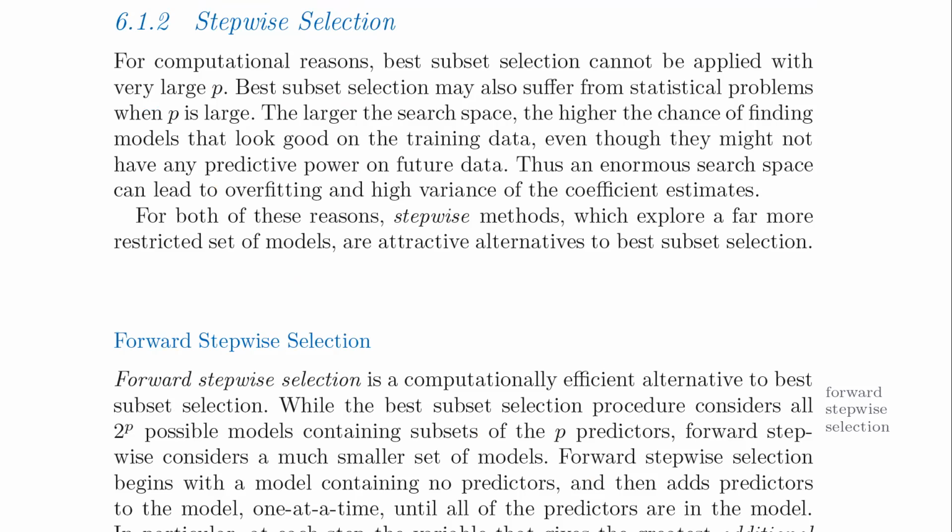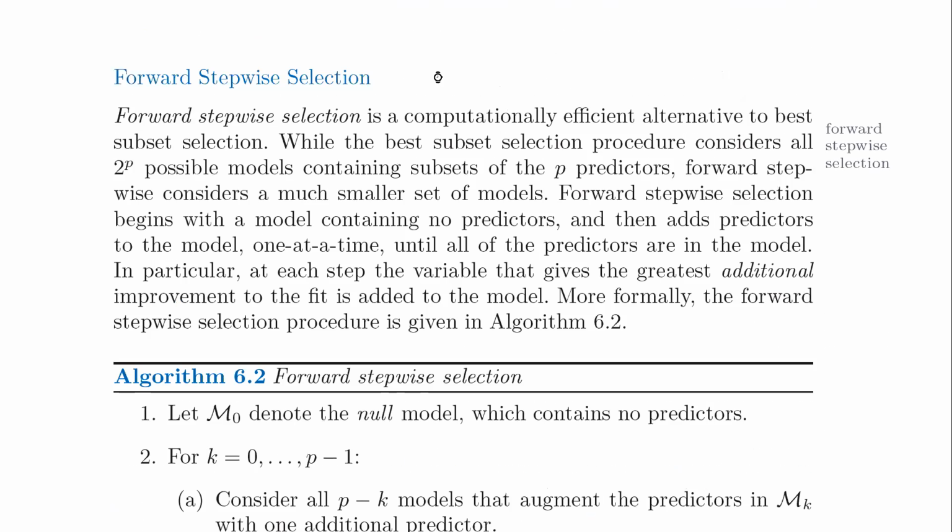Thus, an enormous search space can lead to overfitting and high variance of the coefficient estimates. For both of these reasons, stepwise methods, which explore a far more restricted set of models, are attractive alternatives to best subset selection.